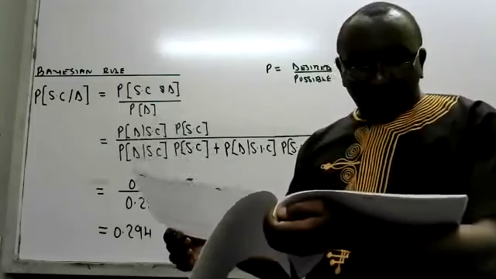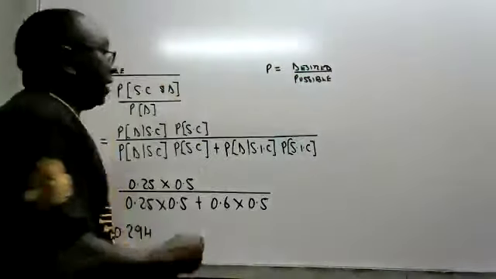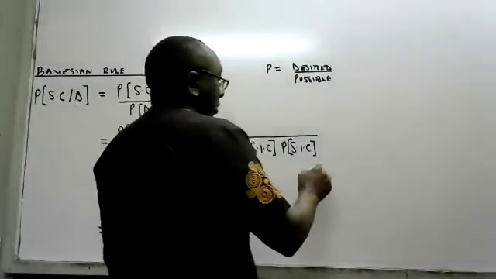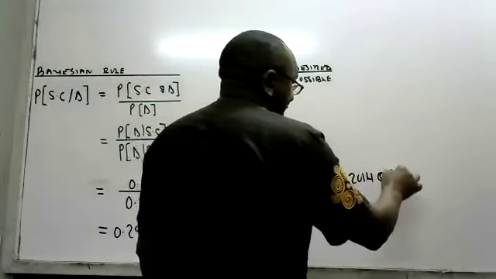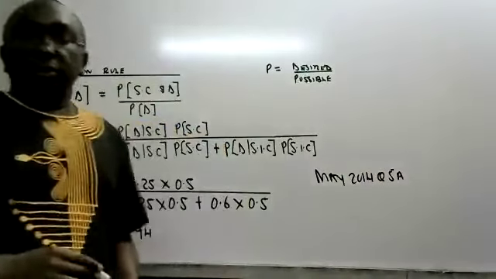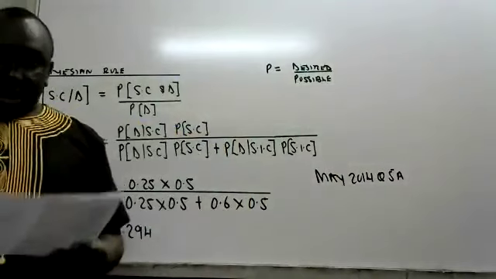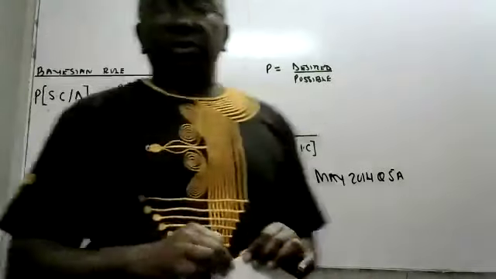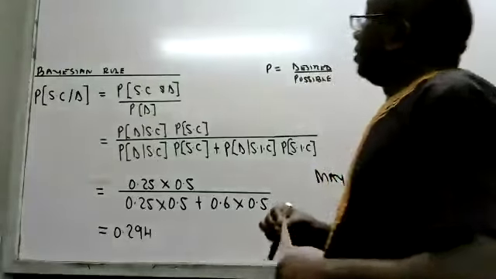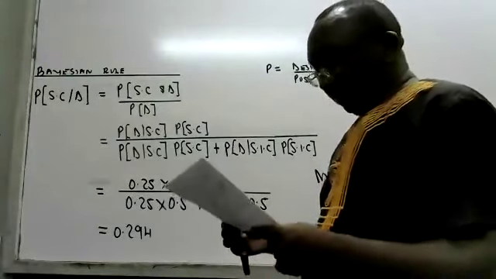Yes, this one of May 2014, question 5A. So you can try that also together with question number 3. So that is the first rule that we use to handle conditional events or dependent events.